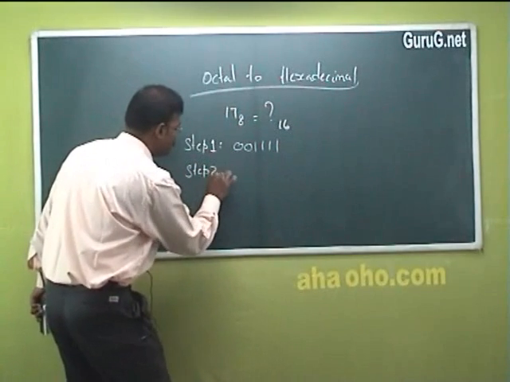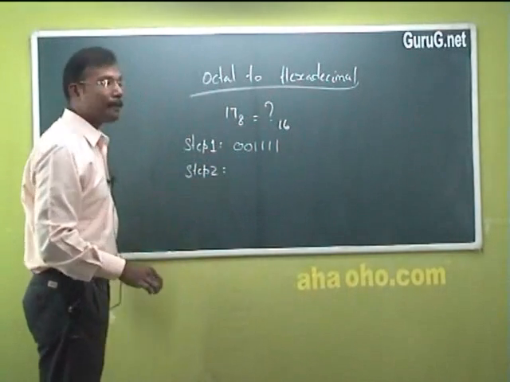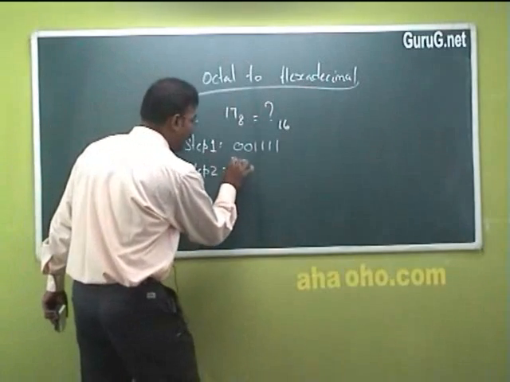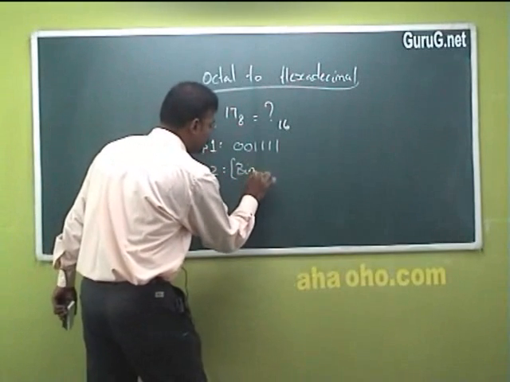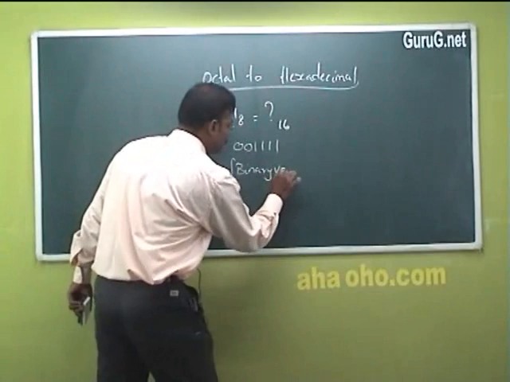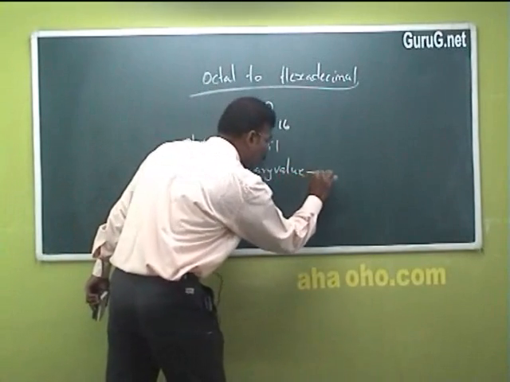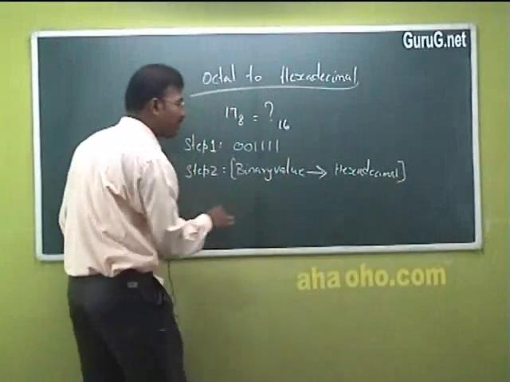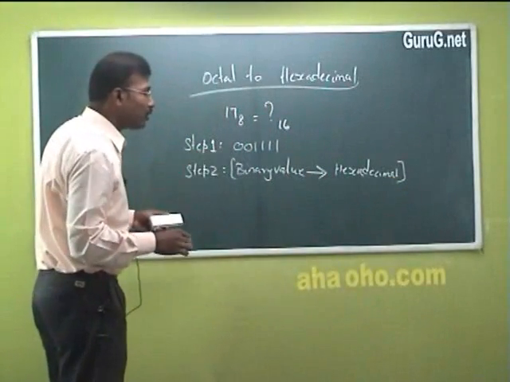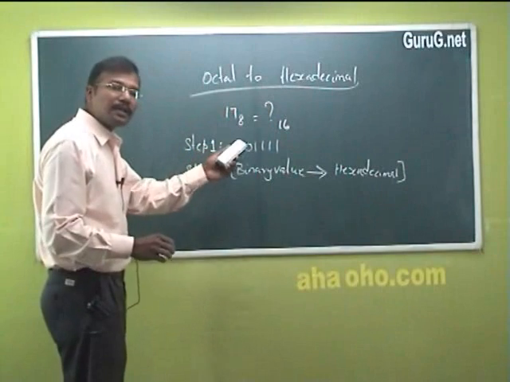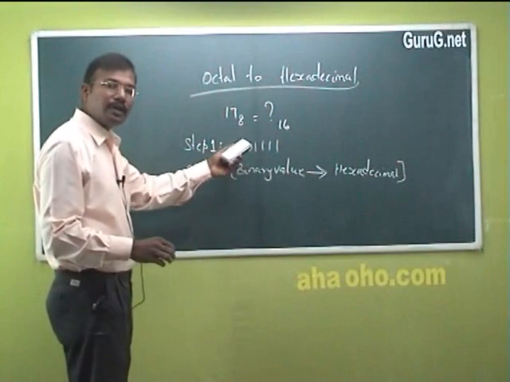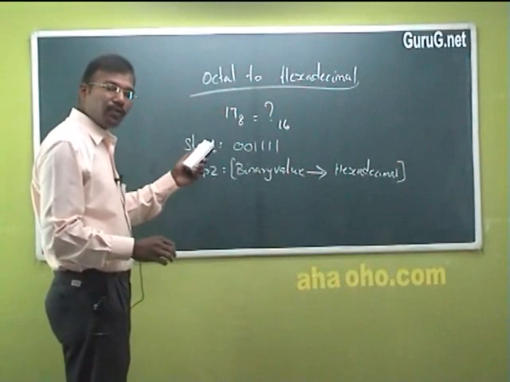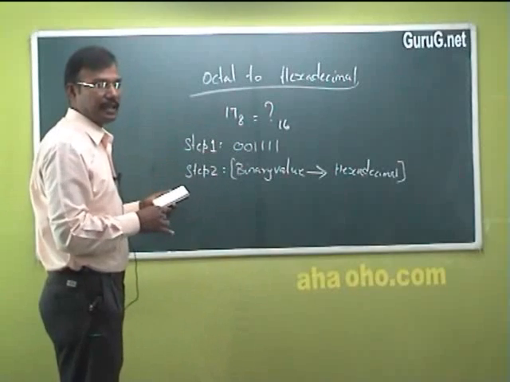Step 2. You have a binary value and you are going to convert it to hexadecimal. This we have done already. We group the given binary value into groups of 4 bits from the LSB.